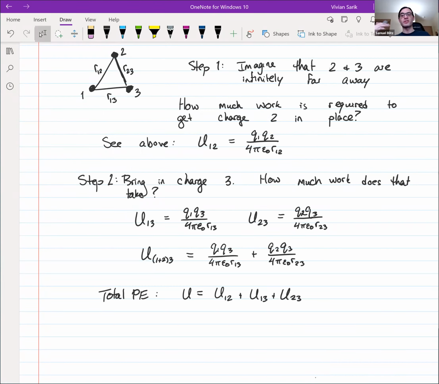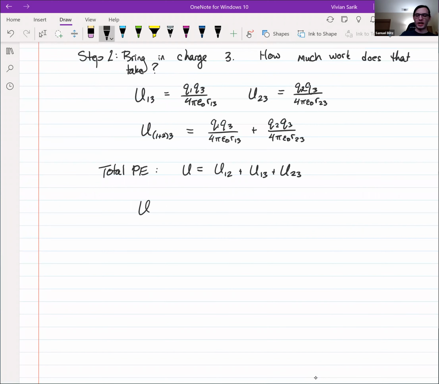You'll notice as the number of charges increases, the amount of things that you have to calculate increases a lot. There is a general formula for this, but it's not particularly useful. Maybe I'll just give it to you. This is for n charges, labeled by i and j.